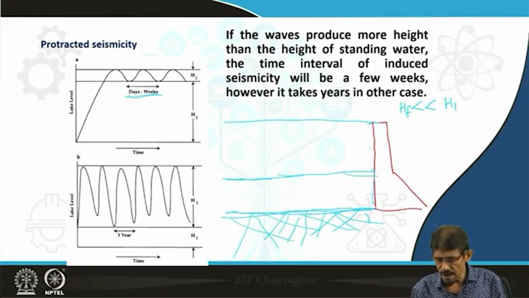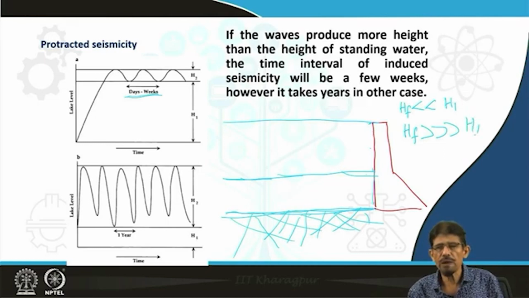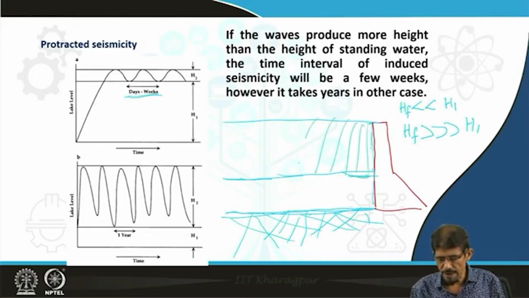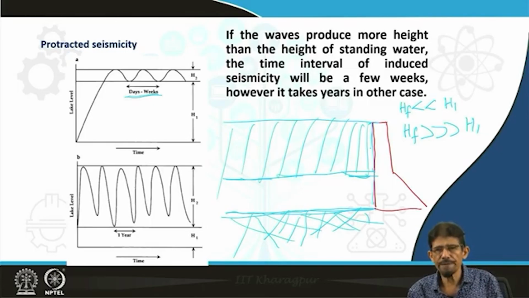However, in this case, the fluctuation is more than normal, in the form of a storm. In storm condition, the fluctuation levels, the water increment is more, but the water level is normal.